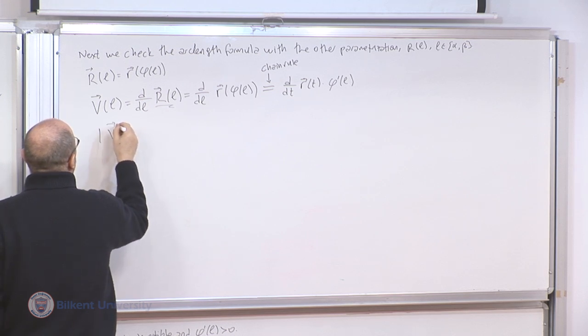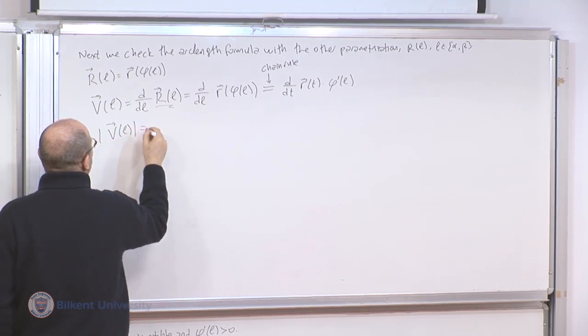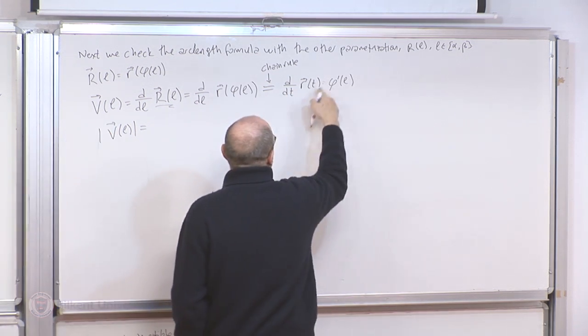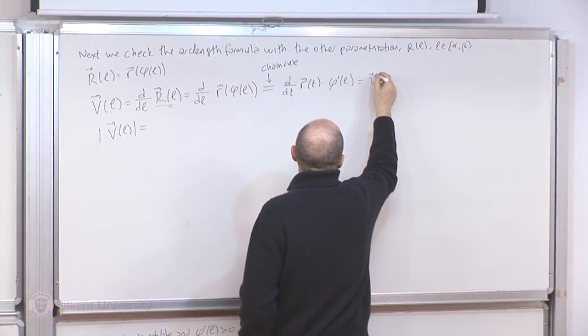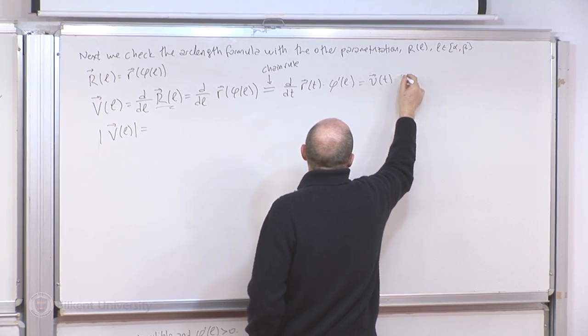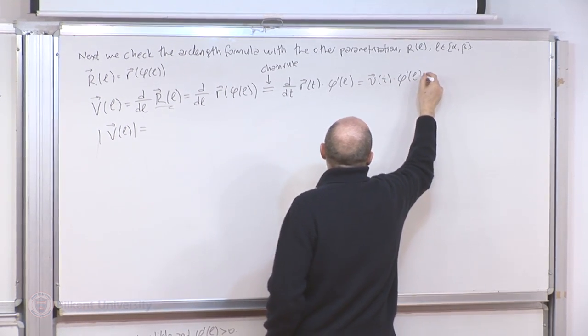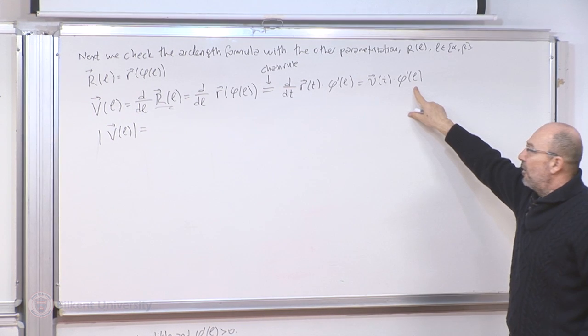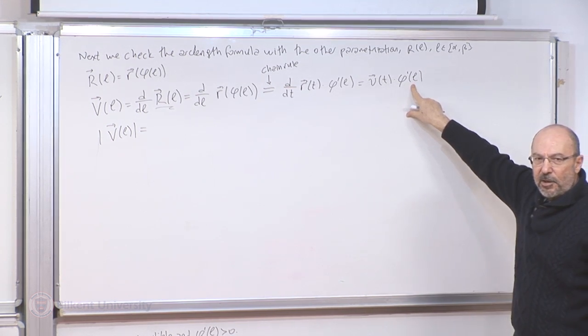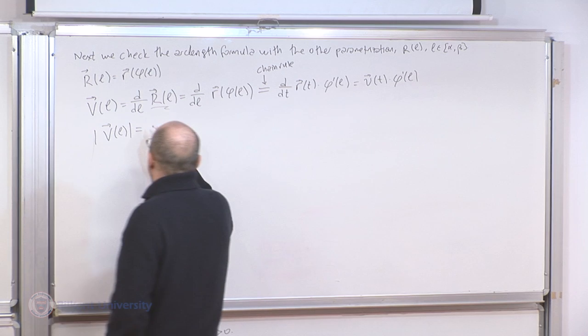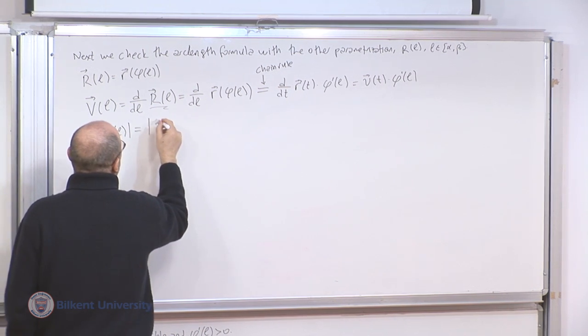So I have the absolute value of this is equal to, remember that this one was the usual velocity vector times phi prime of L. This is a vector. I'm multiplying the vector by a number here.